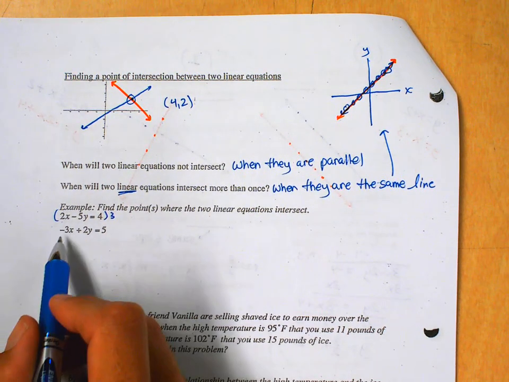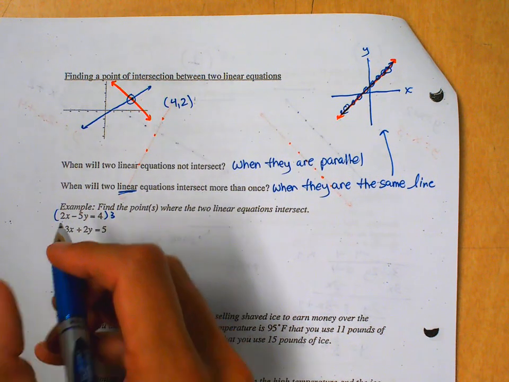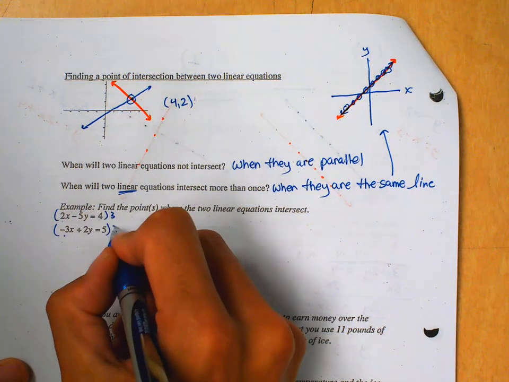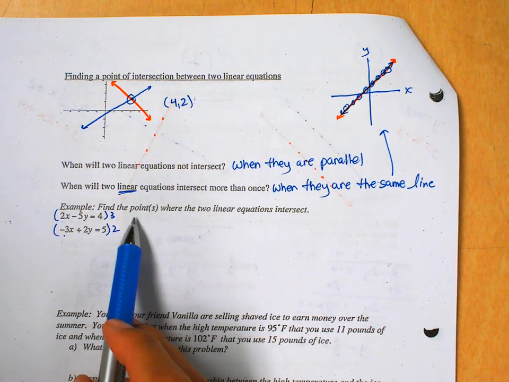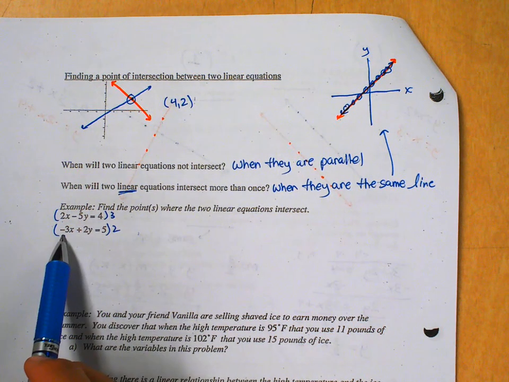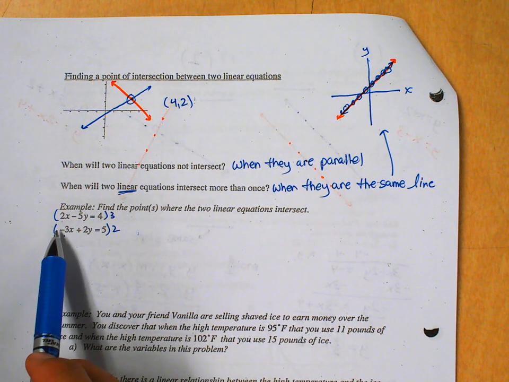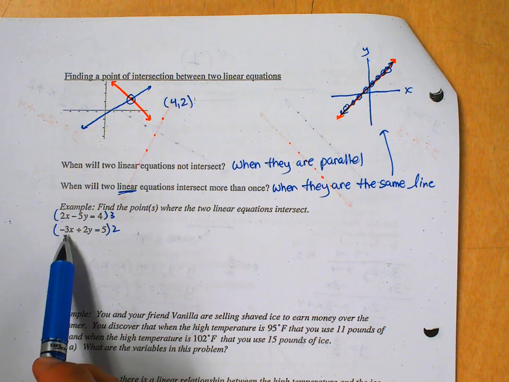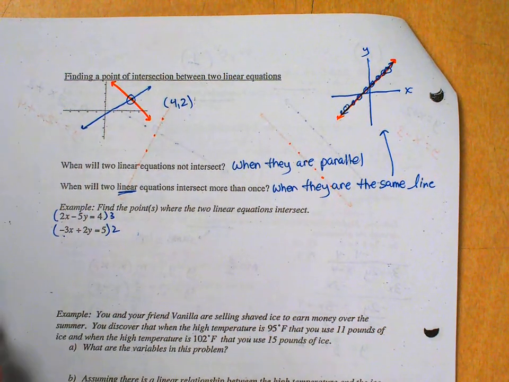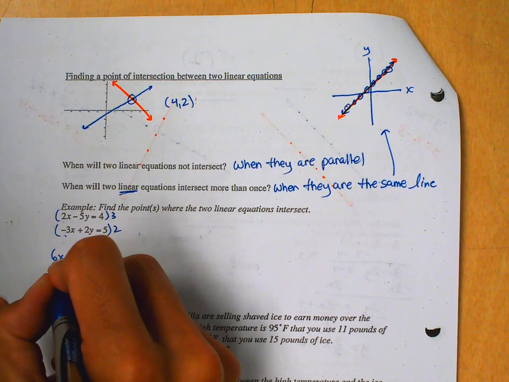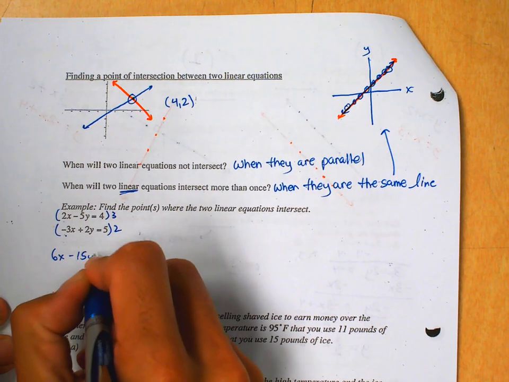And what do we multiply this by to get to 6? We multiply times 2. And I can multiply by positive 3 and positive 2 because they're already different signs, one positive, one negative. So that's going to give me 6 here and negative 6 here, and we're going to be good. So we have 6x minus 15y equals 12.